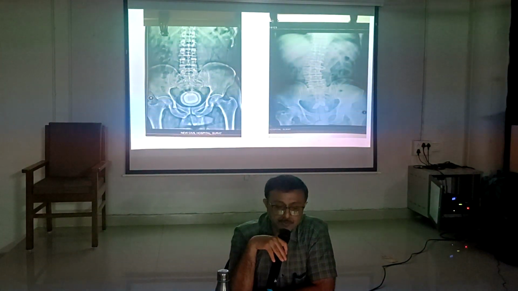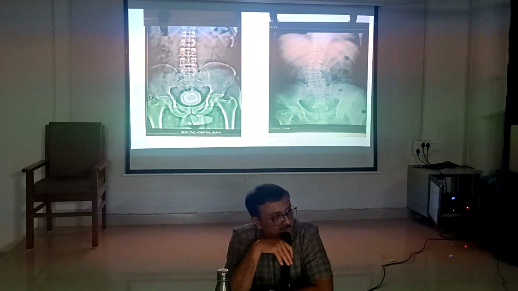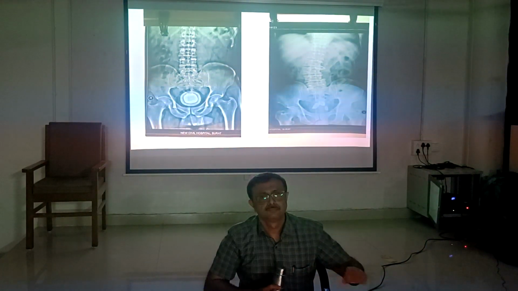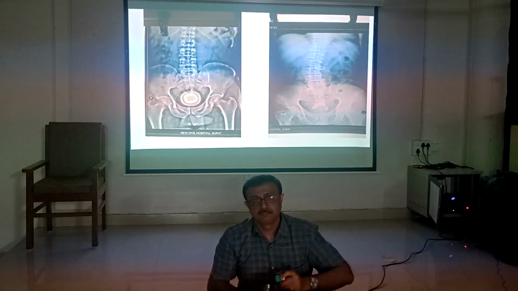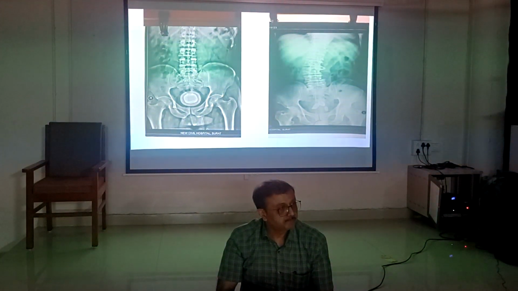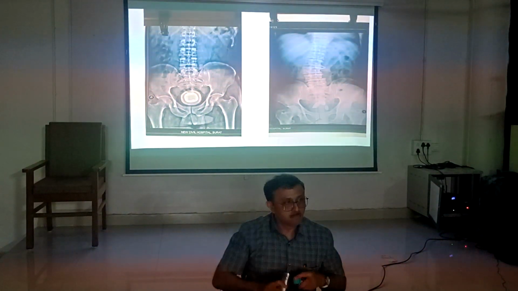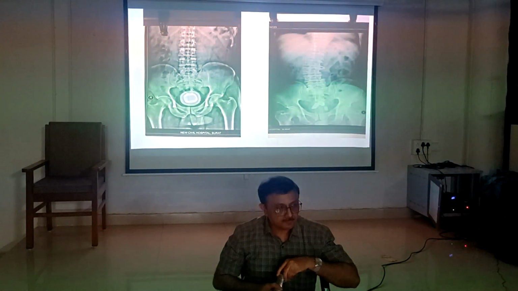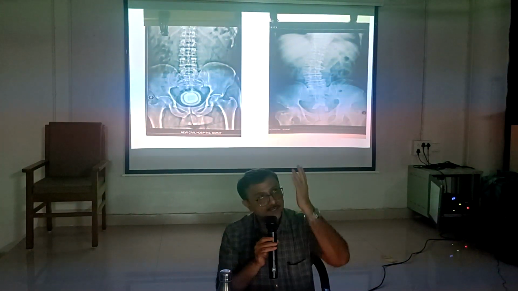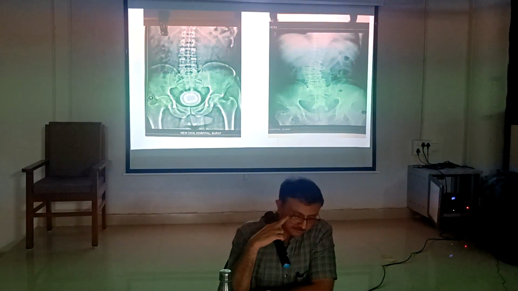So what is primary stone and secondary stone? Primary stone is formed in the kidney. Secondary is formed in the bladder. Logically, primary stone is the one which is formed there, secondary is the one that comes from above.